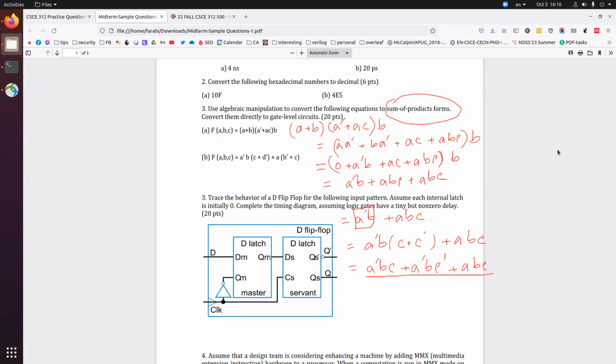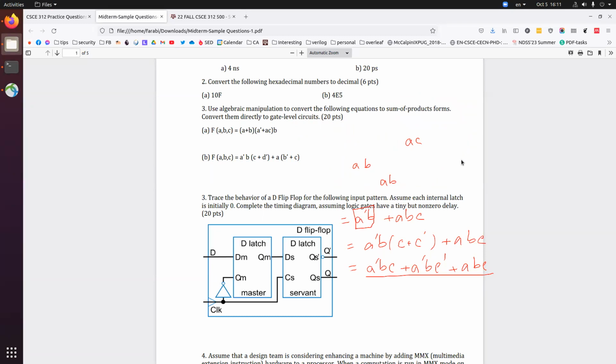Okay, so if I want to draw the circuit, let me just quickly draw this. You don't have to show the exact number; the minterm with ABC is fine. So let's draw the circuit from here.